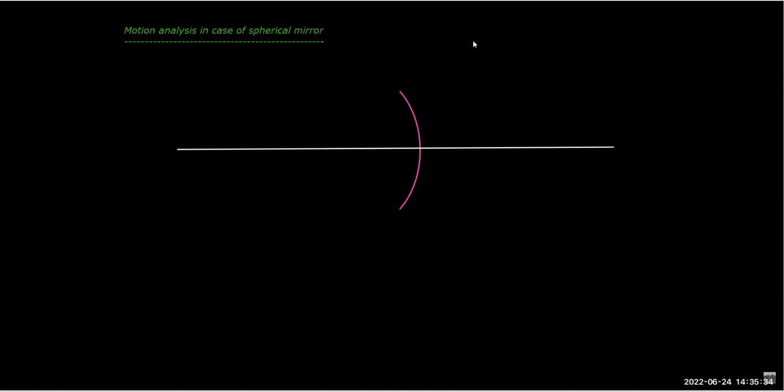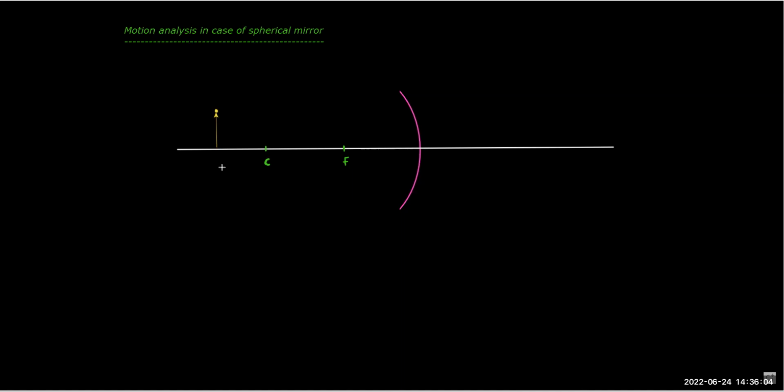So if we have any object which is not on the principal axis, it is somewhere away. You can always do something like an arrow to represent the same, and it is the same thing, like the tip of the arrow is representing the object.